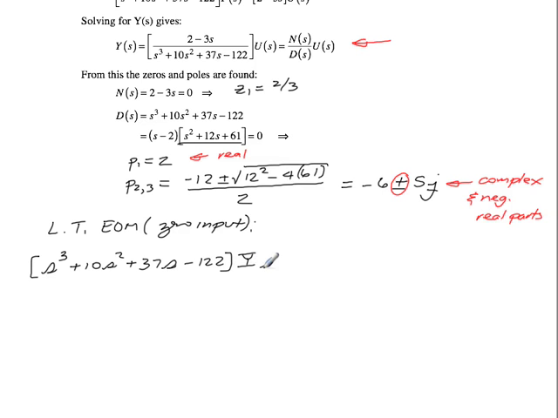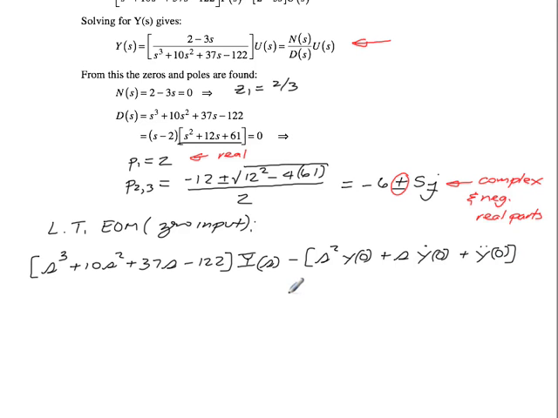And then I'm going to group all my initial conditions together. From the cubic term, I'm going to get an s squared times the initial condition on y. I'll have an s times the initial condition on y dot, and a y double dot initial value.